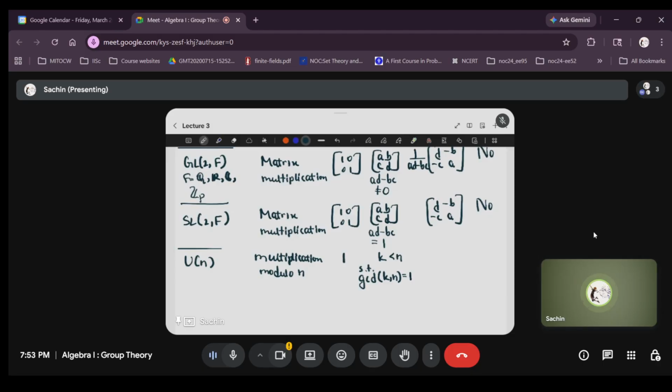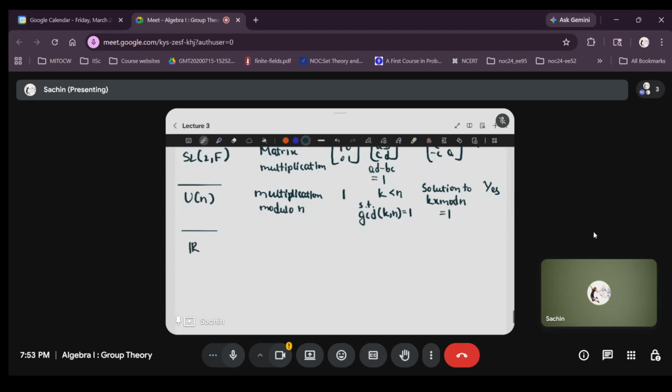And inverse, we don't have a particular explicit expression for it, but you can say it is the solution to kx mod n is equal to 1. And this is also abelian.